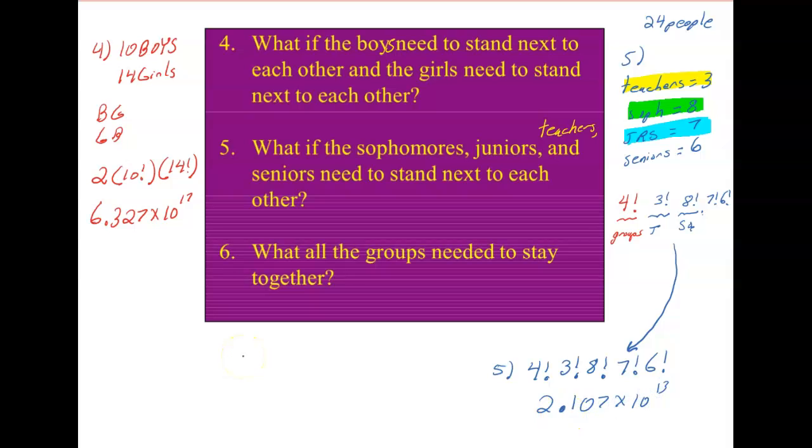For problem number 6, I need to draw a visual of the classroom. So let's suppose we have a classroom here, and there's the group of 3 teachers. Let's suppose I have a group of 4 students, another group of 3 students, another group of 4 students, a group of 3 students, a group of 2 students.